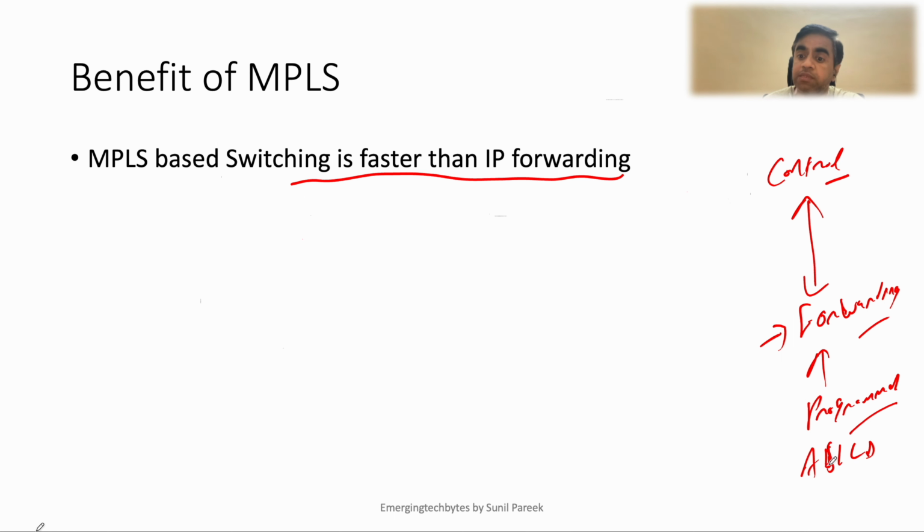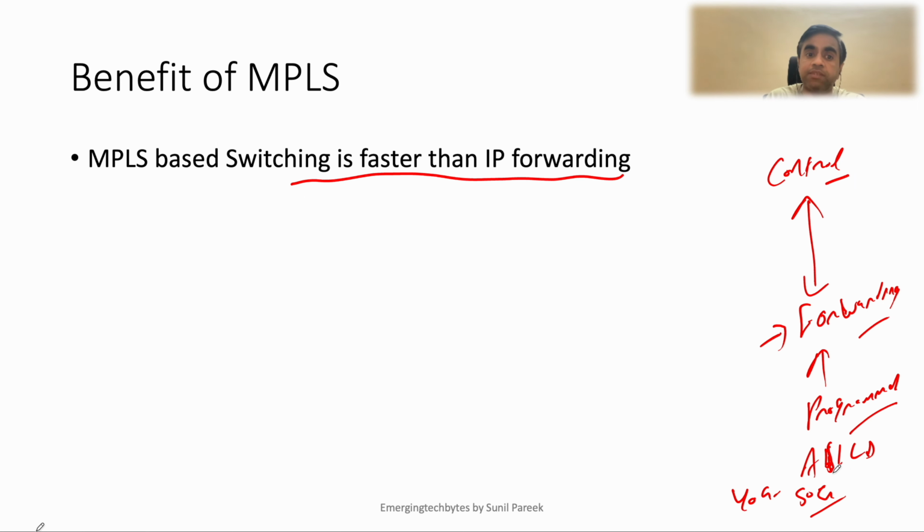And these ASICs are capable enough to forward an IP based packet much faster, even at line rate. Does not matter whether you are going at 40 gig or 50 gig speeds, which are becoming more popular these days, even 100 gig also.